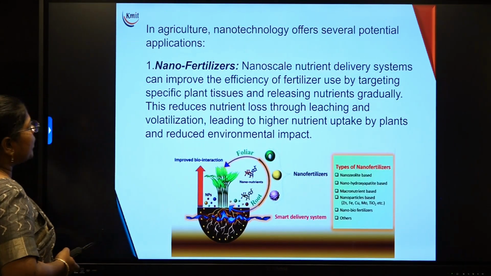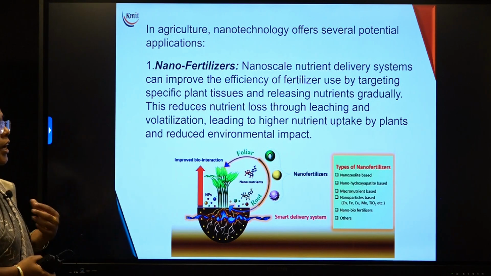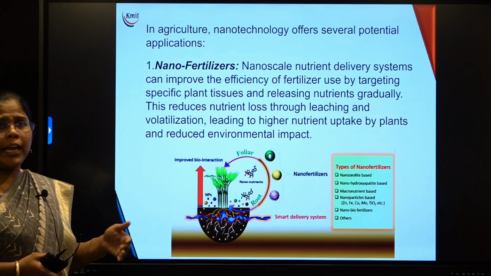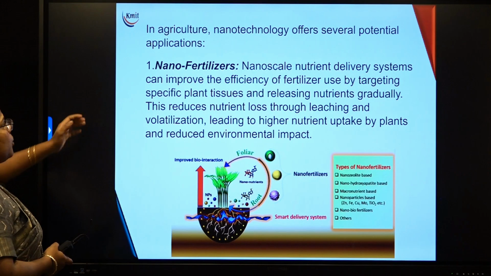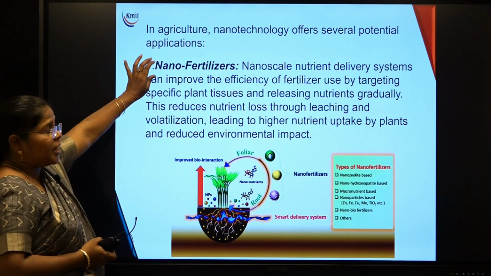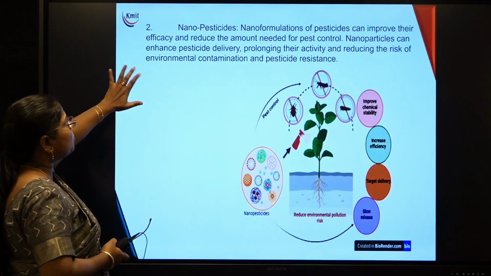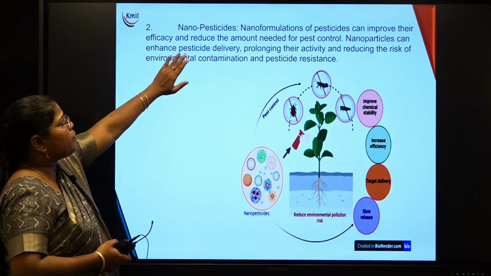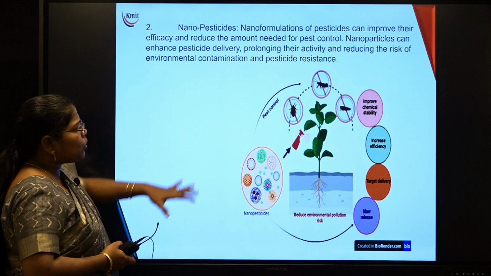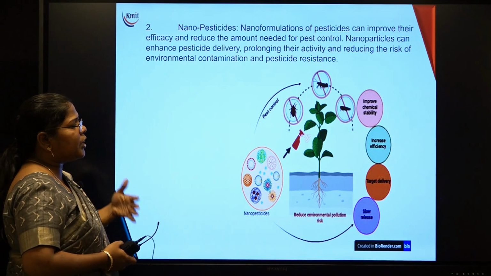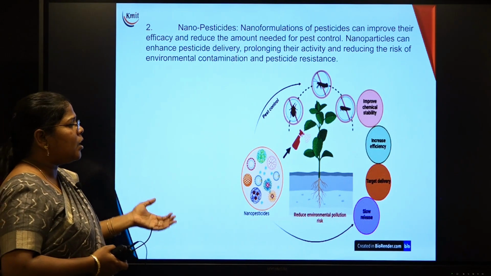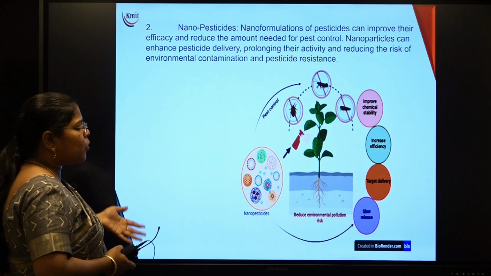Next, how can we use this? In agriculture, using AI/ML, we can also use AI/ML in nano fertilizers. Next, we can use it in the generation of nano pesticides, to increase the efficiency of the plant or to deliver more effectiveness.